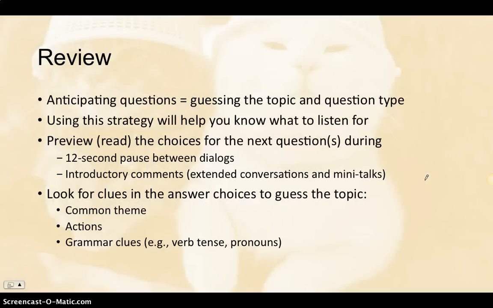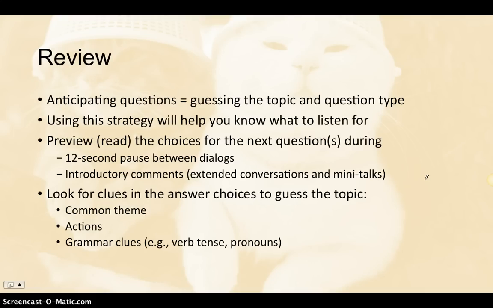Okay, so to review, anticipating questions refers to guessing the topic and the question type of a question on the TOEFL listening section. When you use this strategy, it will help you to know what to listen for, and it'll make the listening task easier for you.